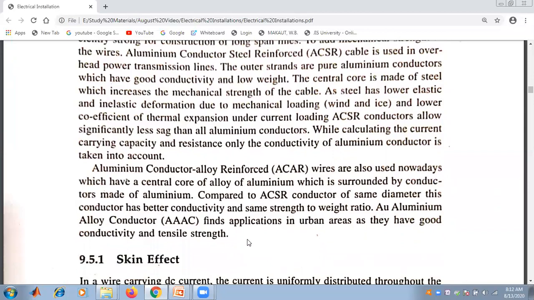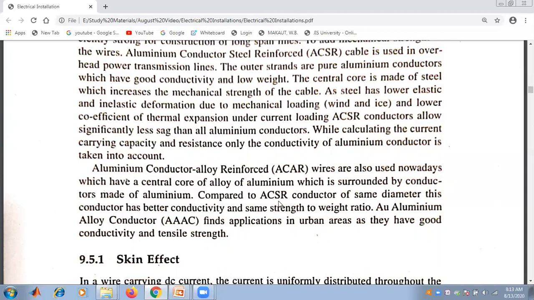Another is the ACAR. The name suggests aluminum conductor alloy reinforced. Wires are also used nowadays which have a central core of aluminum alloy, surrounded by conductors made of aluminum.